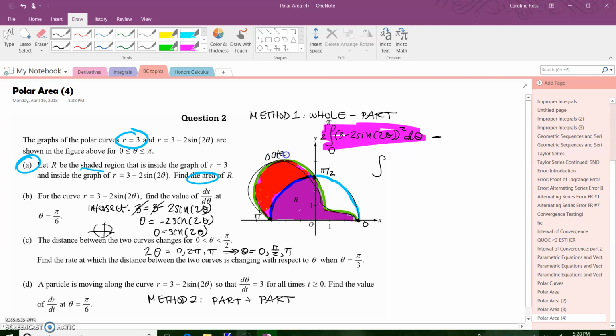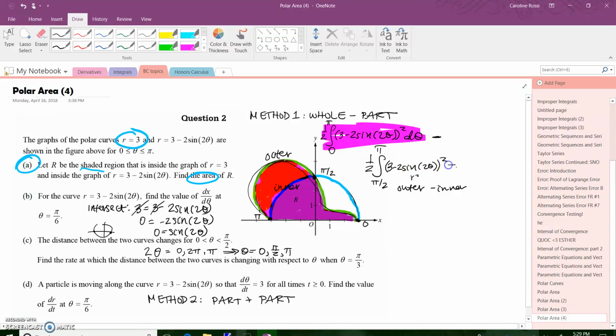The outer one is in green. The inner one is in blue here. And that chunk right in the middle starts at rotation of pi over 2 and ends at rotation of pi. So pi over 2 to pi, and I want outer minus inner. The outer in this case is the green one, and the green one is 3 minus 2 sine of 2 theta squared. I'm going to put my 1/2 before I forget.